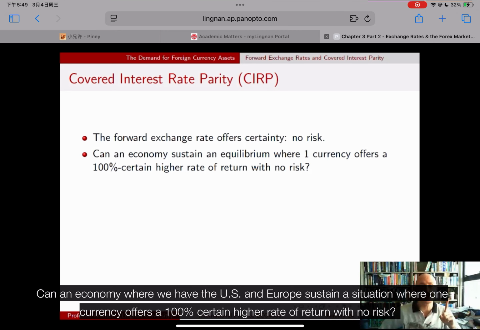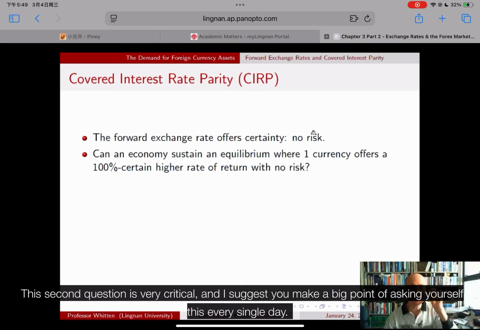Can an economy where we have the US and Europe sustain a situation where one currency offers a 100% certain higher rate of return with no risk? This second question is very critical, and I suggest you make a big point of asking yourself this every single day.